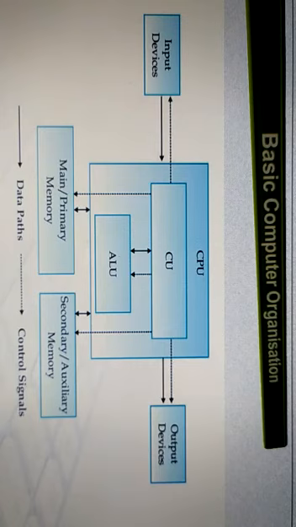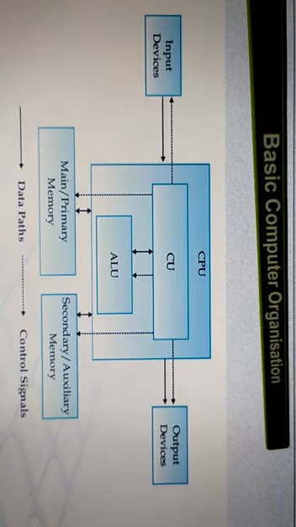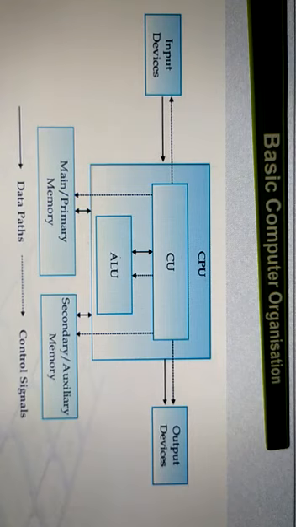You see input devices, which we will briefly discuss, then output devices, and the central processing unit. You also see in the diagram main primary memory and secondary or auxiliary memory.